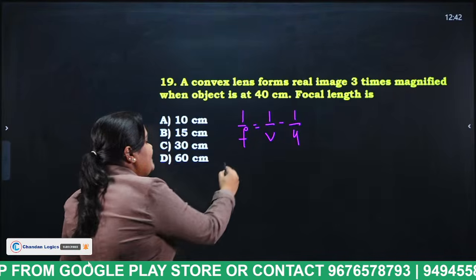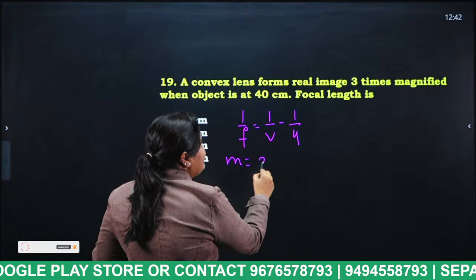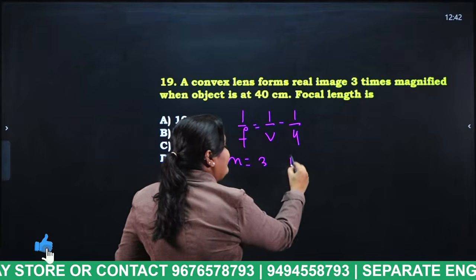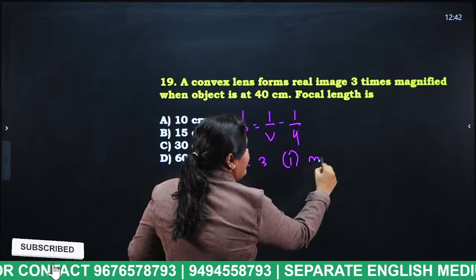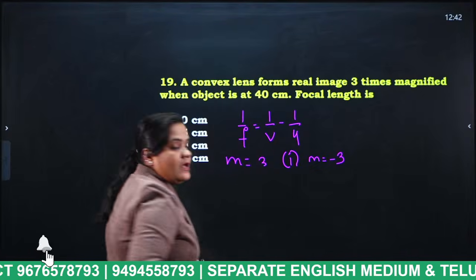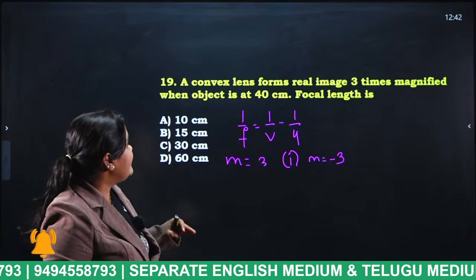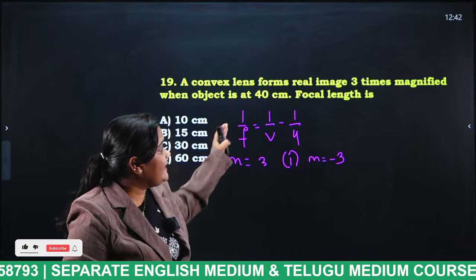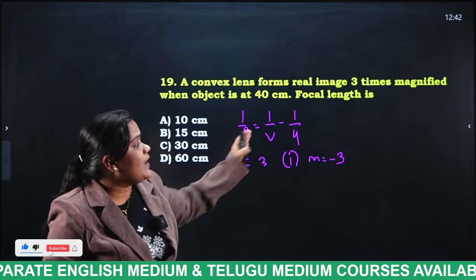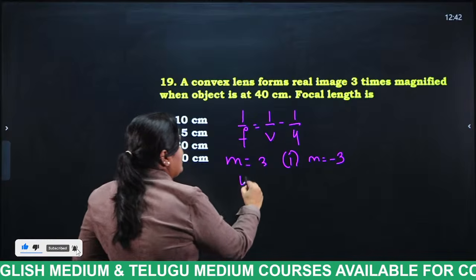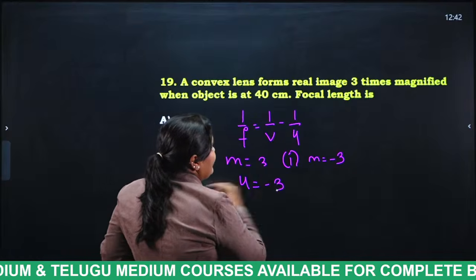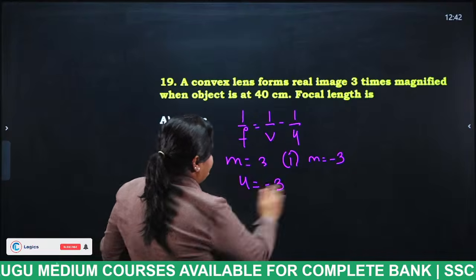If the image is inverted, m is going to be minus 3. The object is at 40, and u is going to be minus 40.